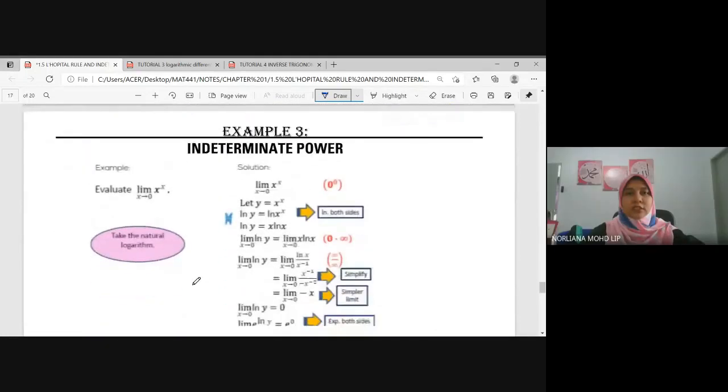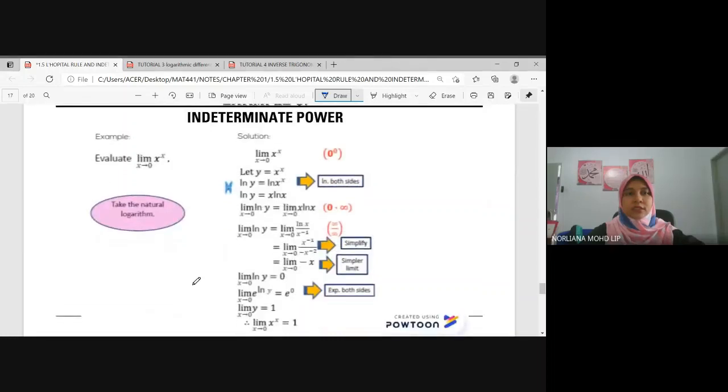Example 3, the indeterminate power. The question is the limit of x to the power of x when x approaches 0. So we get 0 to the power of 0, which is an indeterminate power. So we have to take the natural log on both sides.